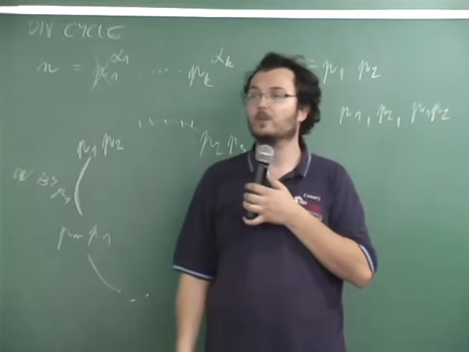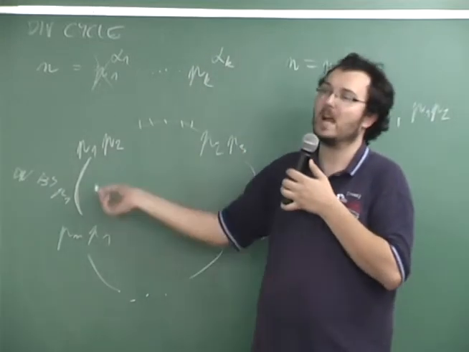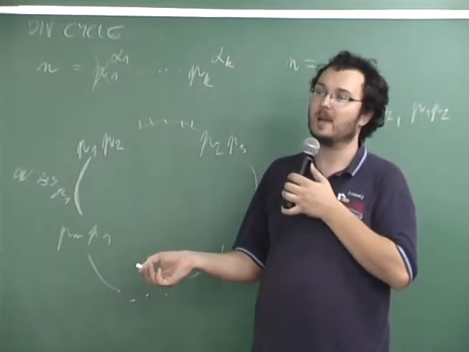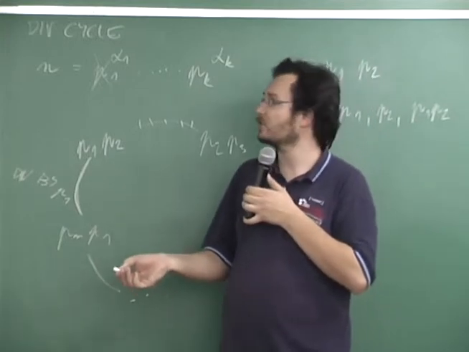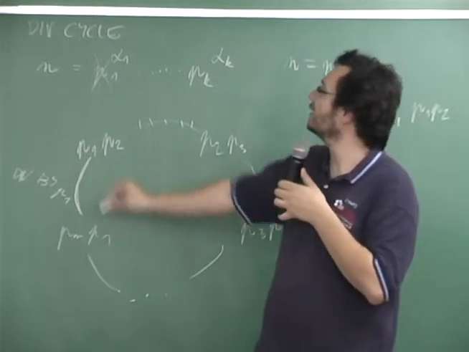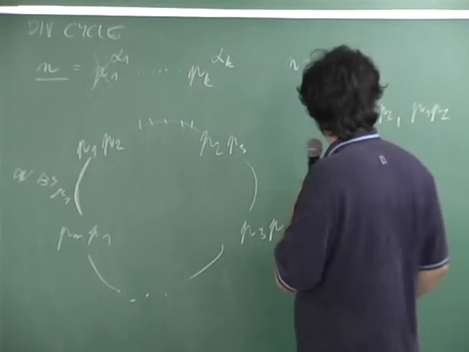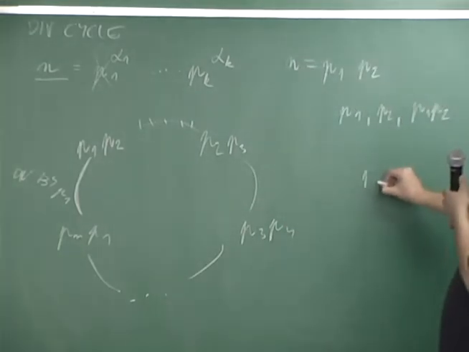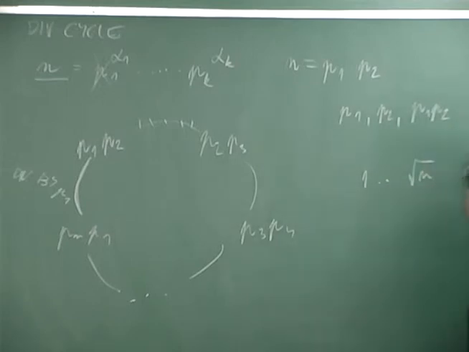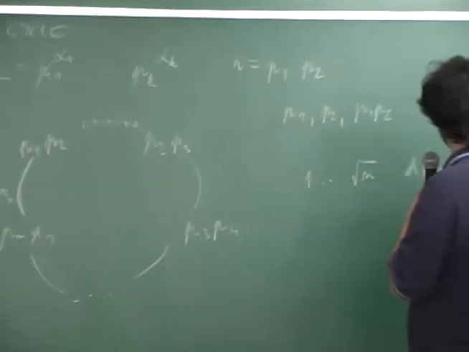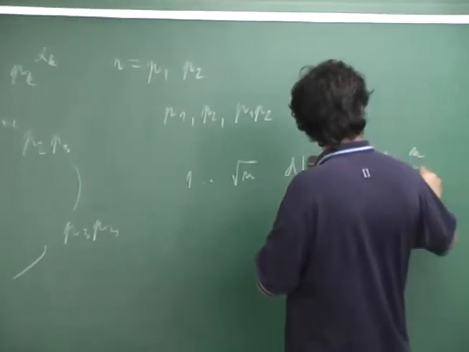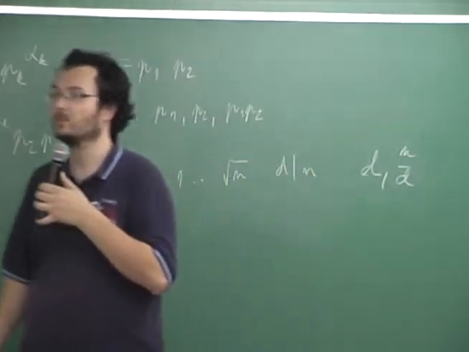In this problem we needed the primes anyway, at least in some sense, so this wasn't such a great gain, but if you only need to generate the divisors of n, it's easiest to go from 1 to square root of n, and each time you find a divisor d that divides n, you can output d, and you can output n divided by d as 2 of the divisors.